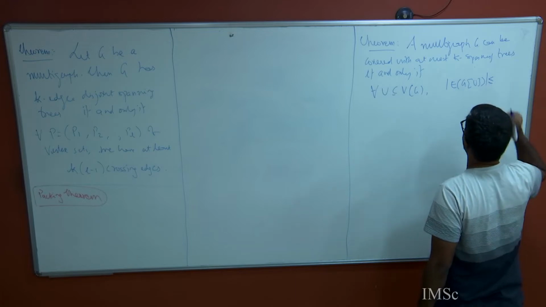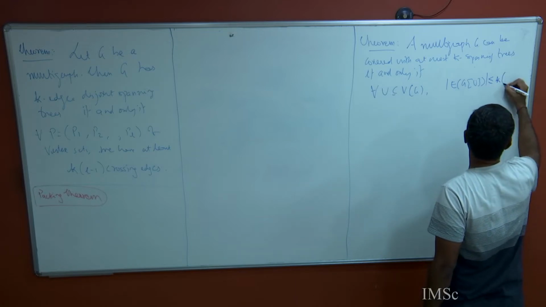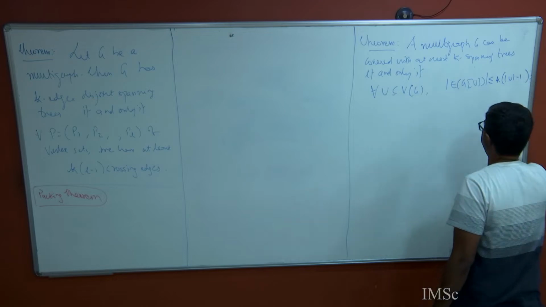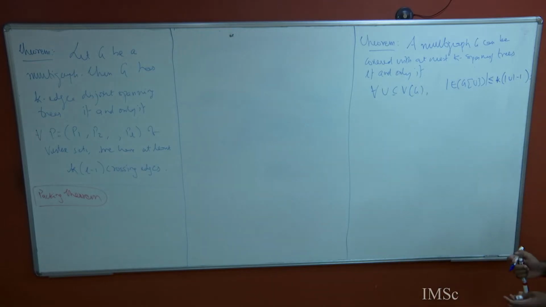Is that fine? Here shouldn't we use the fact that the graph should be connected?